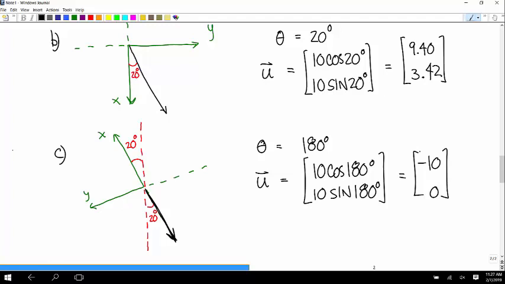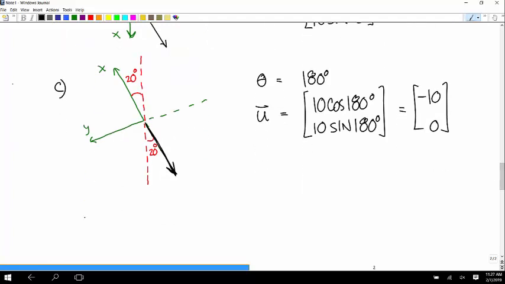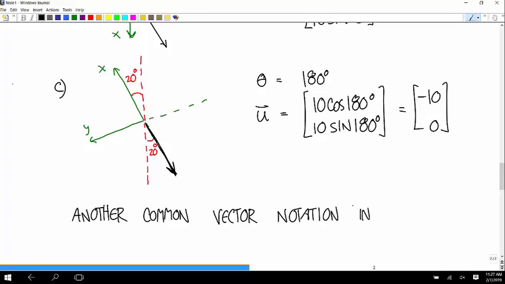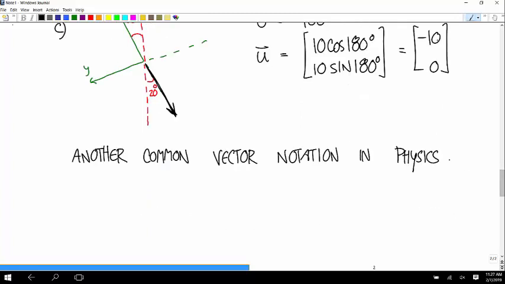There's another way to represent this that comes up. Another common vector notation, used more often in physics but in some engineering too. You represent this vector as the x component times an i with a little hat over it.